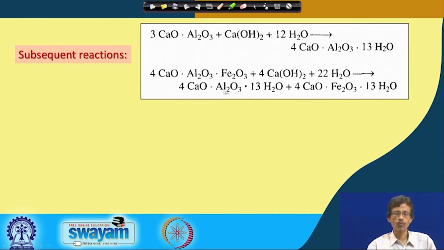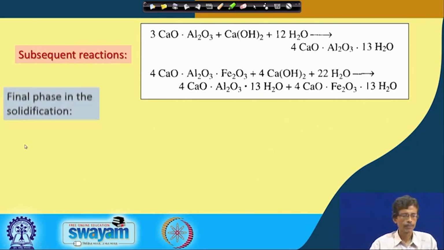That means the aluminum-oxygen bonds, the oxygen-aluminum-oxygen network linking, will be substituted by an oxygen-iron-oxygen network, such that the quality of the concrete material will be different.